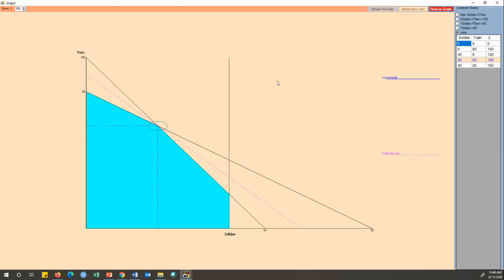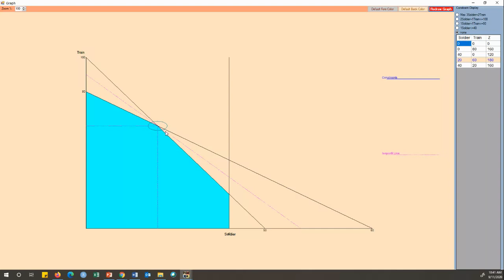All right, so this is your graph. Interesting, isn't it? Instead of doing it on your own, you get your graph already done for you, with all the values on your right hand side referring to all the information that you need, and your iso profit line is already lined up there, and the values for your optimal solution are already taken care of. So this is how you solve your problems by using QM for Windows.